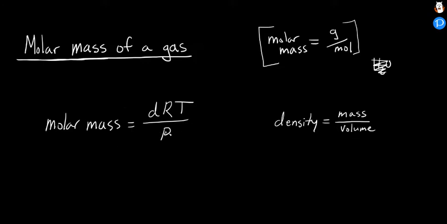But anyways, what this is showing us is that I can determine the molar mass of a gas if I know the density of it and I know the temperature and pressure that it is at. So in fact, let's write that down over here.